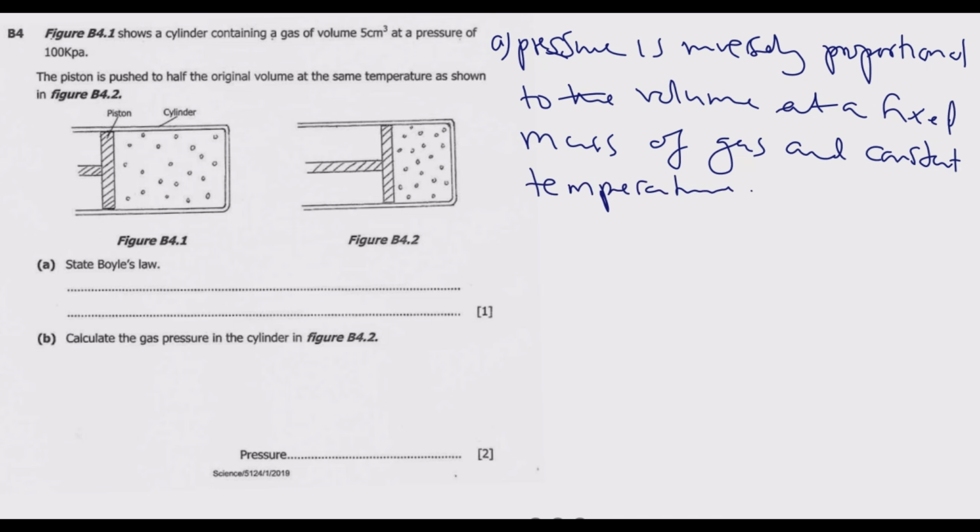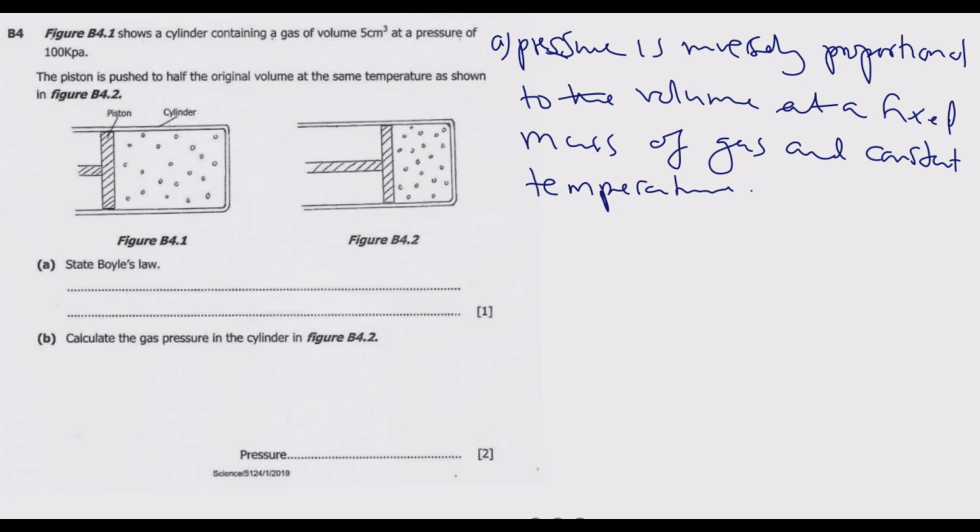So as long as the temperature and the mass remain the same, if we reduce the volume, the pressure increases. If we increase the volume, the pressure reduces. That's what the law states.